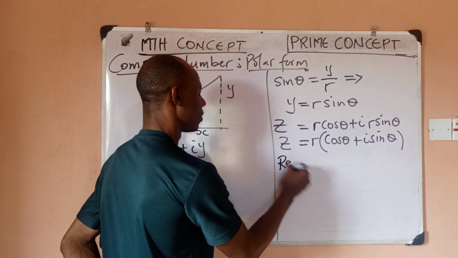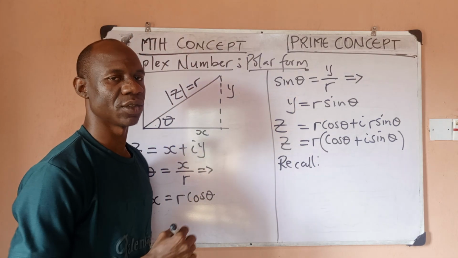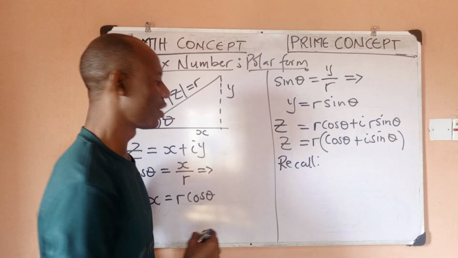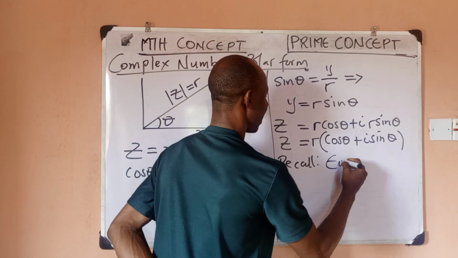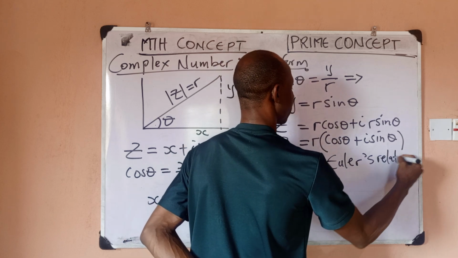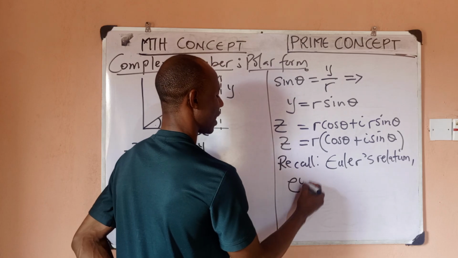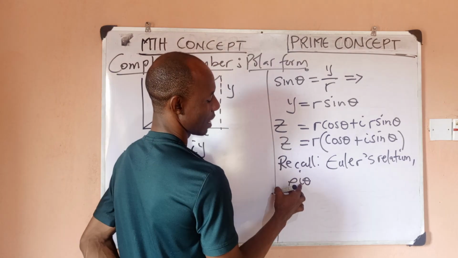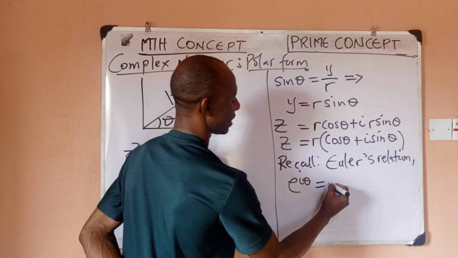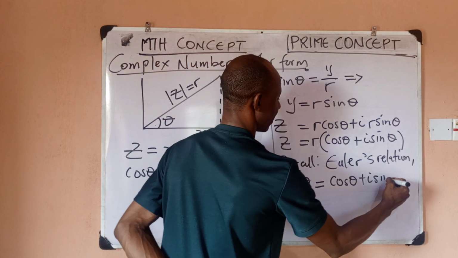If you recall, Euler gave us a relationship for complex number, which in one of our videos we're going to prove. According to Euler's relation, you have that exponential i theta, where i is a complex operator, exponential i theta can be written as cos theta plus i sine theta.